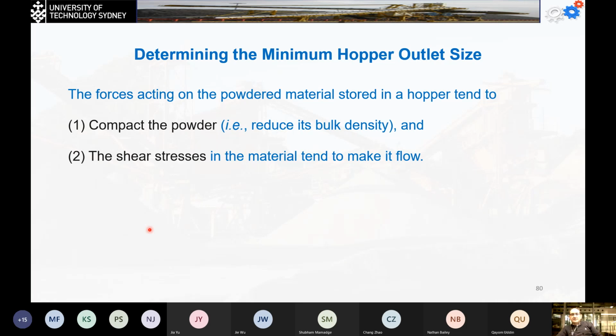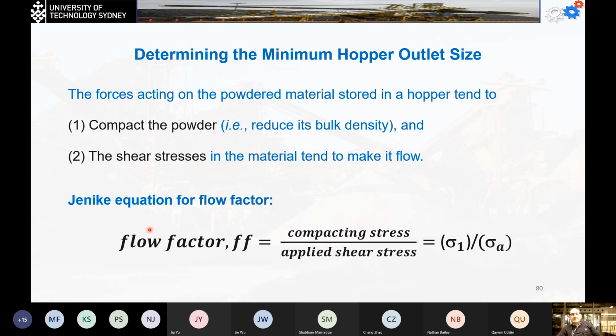This shear stress is what we need to overcome to make the material flow at the exit. Now, Jenkins' equation for the flow factor: the flow factor is going to be equal to the compact stress, or sigma 1, the normal stress we applied on the sample, divided by sigma A, which is the applied shear stress.